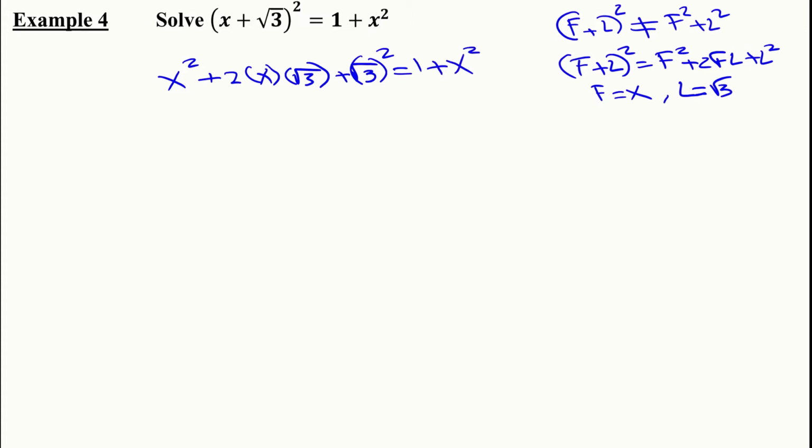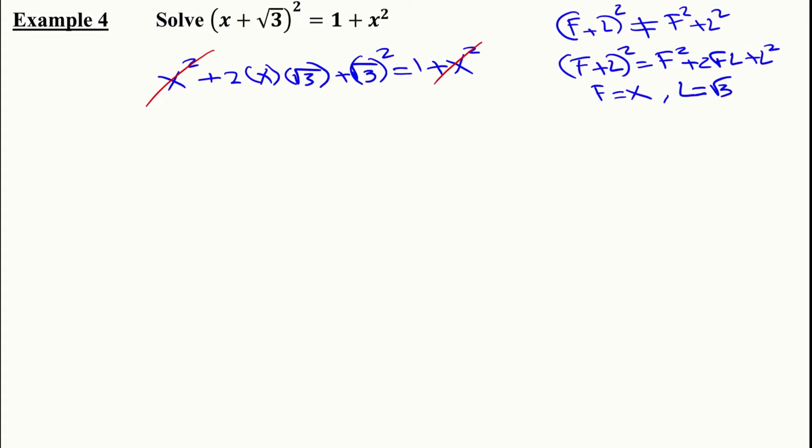Now, the nice thing that we notice here very quickly is that these x squares can cancel out. Whenever you have the exact same term, as far as the expression and the signs, they have to be the same, you can always cancel them because you just add the opposite to both sides.